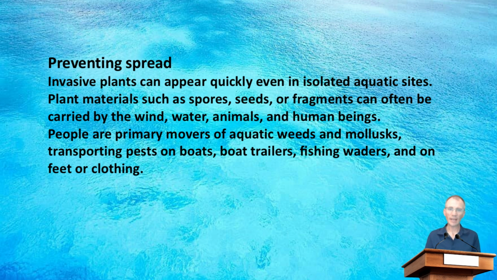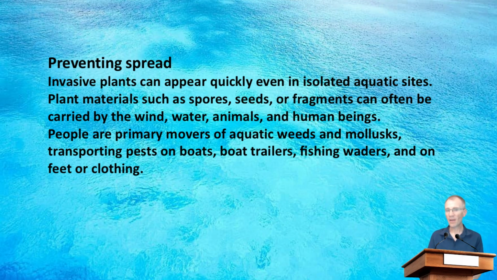Preventing spread. Invasive plants can appear quickly even in isolated aquatic sites. Plant materials such as spores, seeds, or fragments can often be carried by the wind, water, animals, and human beings.